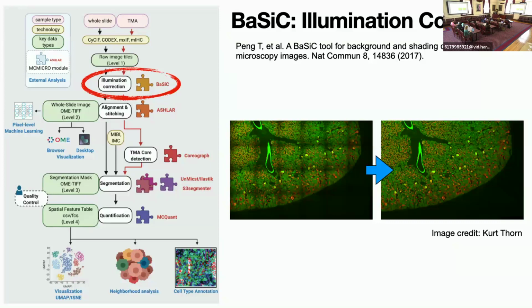And then if you look at the image on the right, you can see what the image looks like after it's been corrected. Obviously for visual purposes, you don't want that grid, but also if you're quantifying the intensity of, say, the red and the green marker in this case, you wouldn't want to mistake a cell in the corner of a field for being low in expression when it really just got less light.